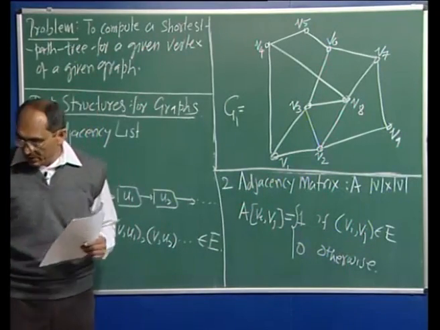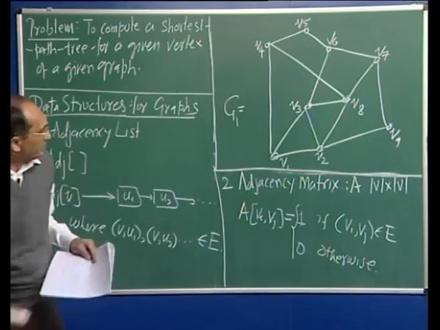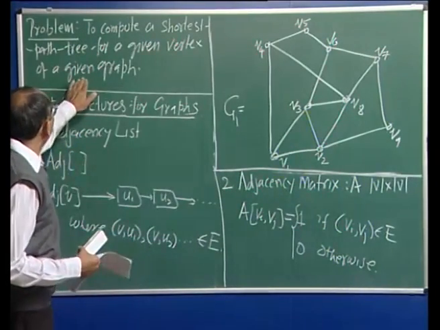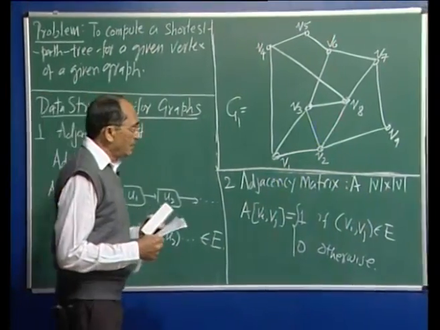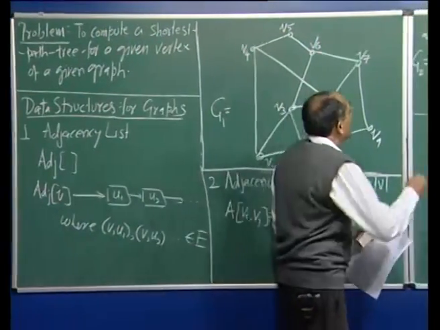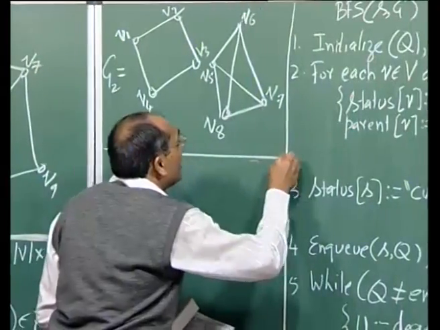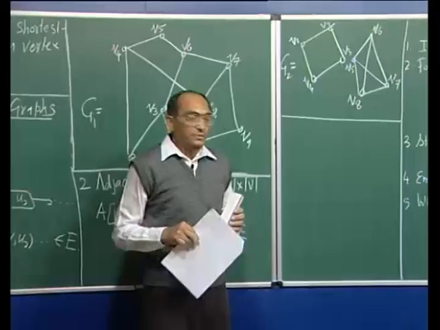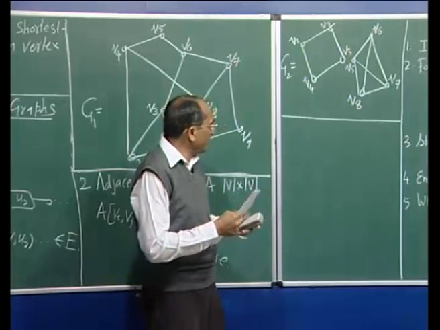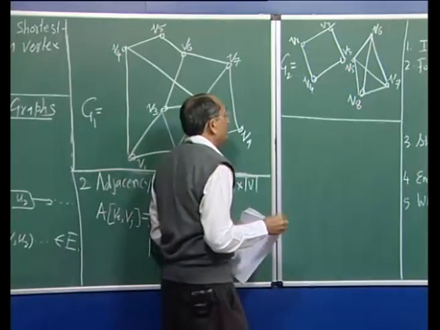Now, let me come to the main algorithm to solve the problem of computing the shortest path tree. Now, in order to get a sense of the algorithm, we will first see the basic technique behind it.